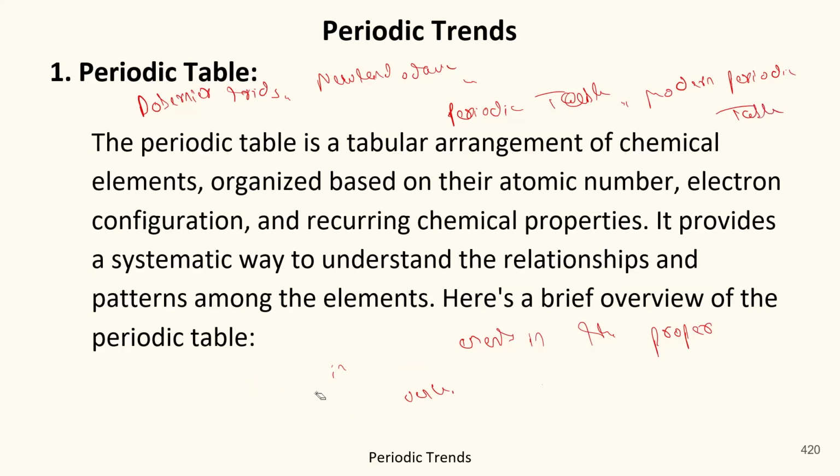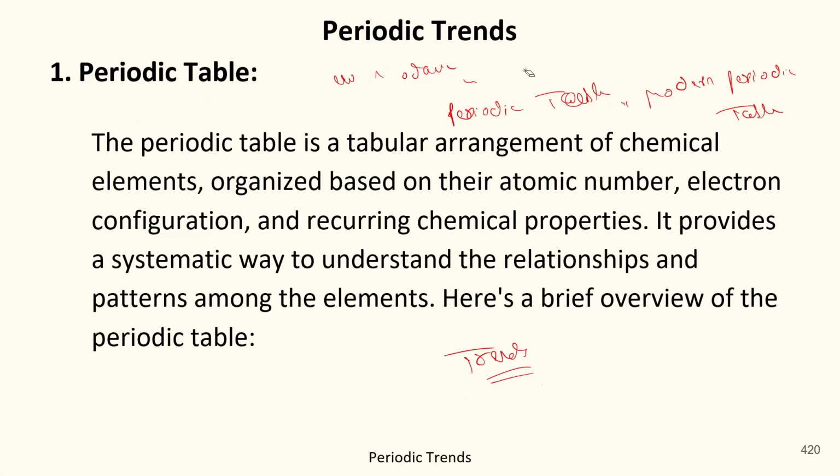And also we will study the trends of these periodic tables. So all these things we are going to cover in this particular lecture. Got it? So starting with the Dobereiner.